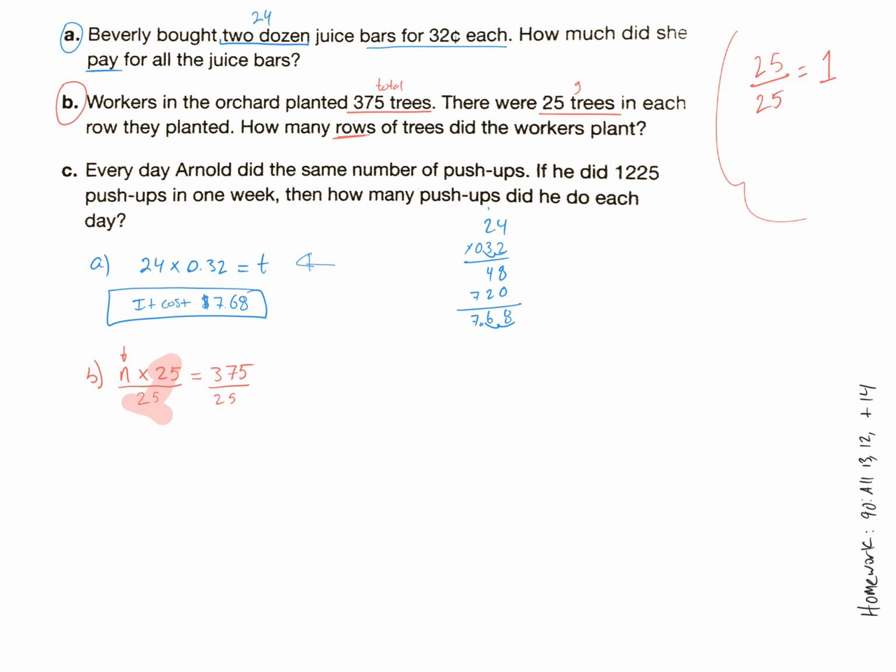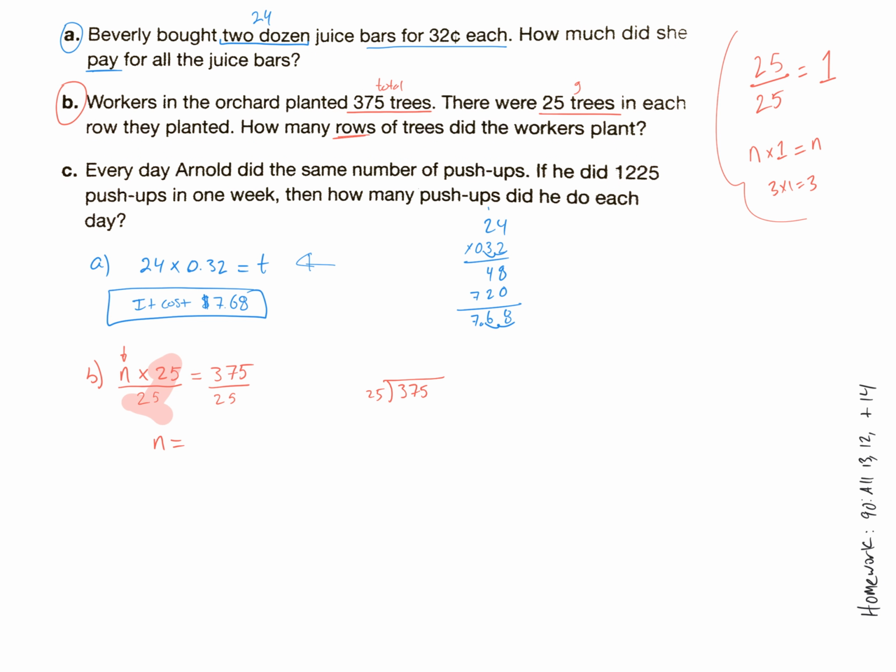And if I take any number, say n, and multiply it by 1, it just gives back the same number. Like 3 times 1 is just 3. So on the left-hand side I have n times 25 divided by 25, which is 1, so I just have n, equal to 375 divided by 25.